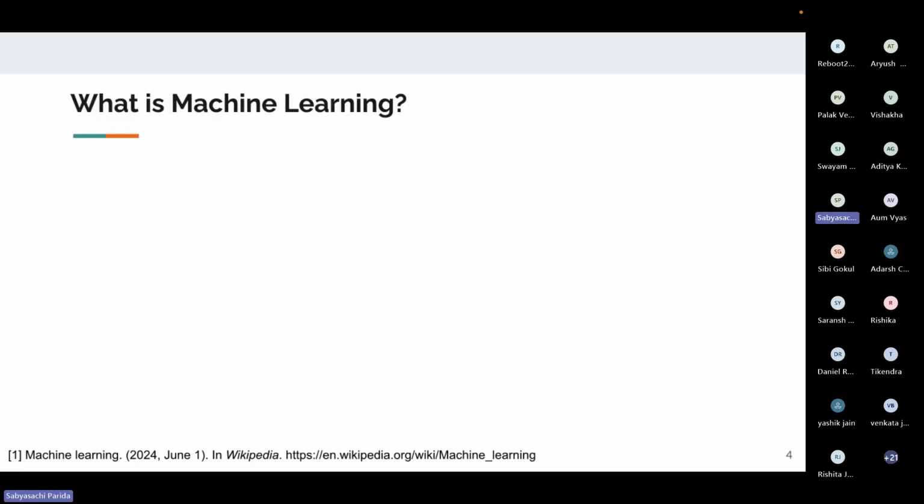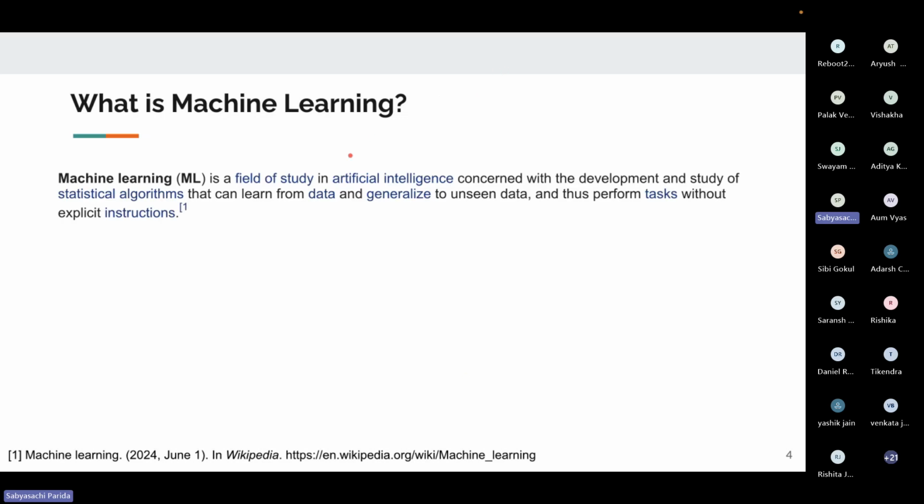So what is machine learning? If I go by the normal Wikipedia definition, this is what I took from Wikipedia on what is machine learning. It says that it is a study of artificial intelligence concerned with the development and study of statistical algorithms that can learn from data and generalize to unseen data.